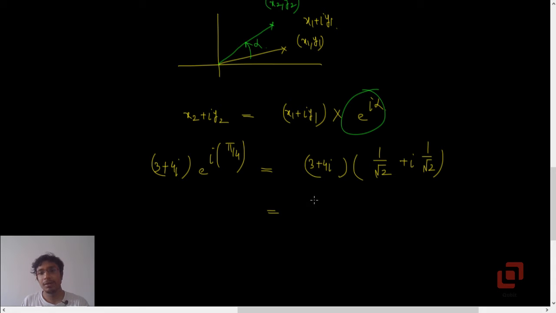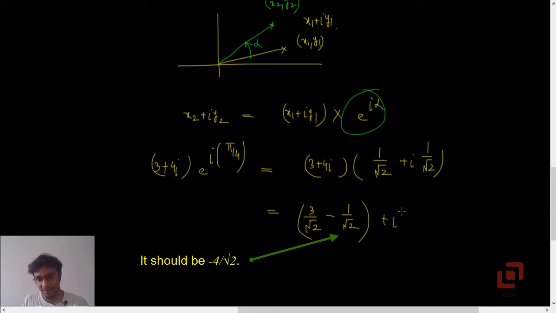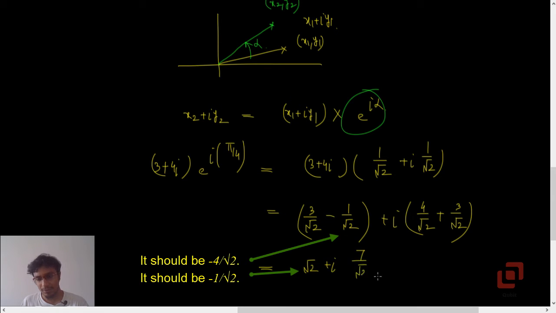Simplify this. Let me first write down the real part of this number. So it's 3 by root 2, i squared is minus 1, so minus 1 by root 2, plus, let's now go to the imaginary part, 4 by root 2 plus 3 by root 2. So the new point will be 3 by root 2 minus 1 by root 2, so 2 by root 2 or root 2, plus i into 7 by root 2.